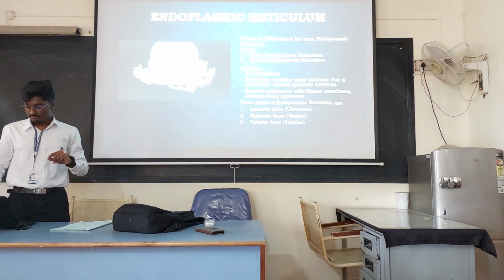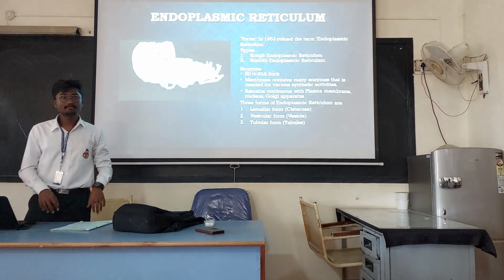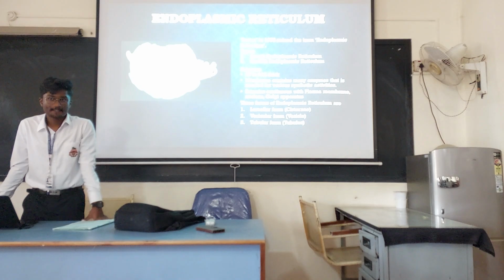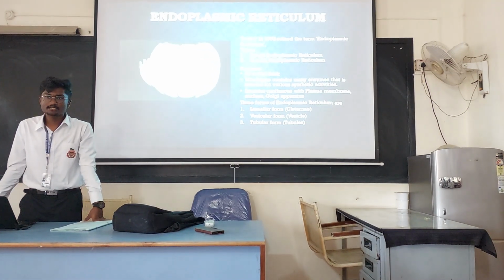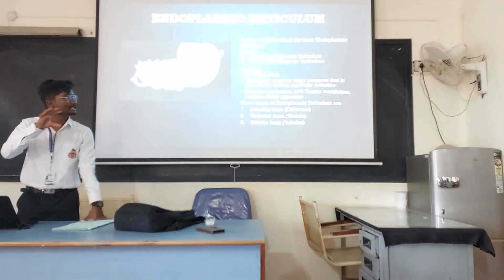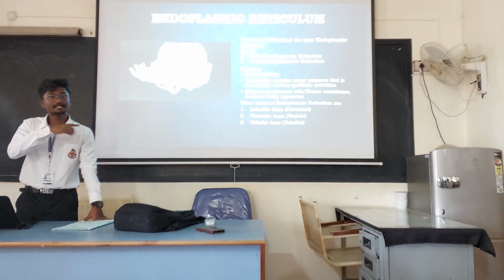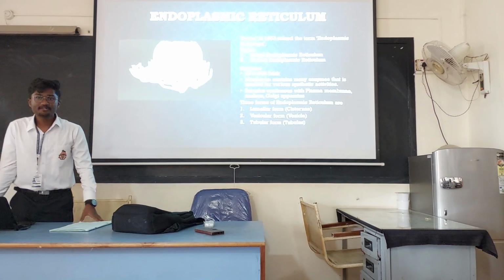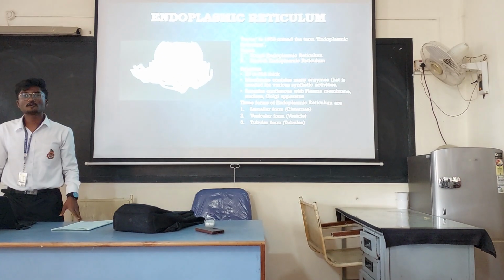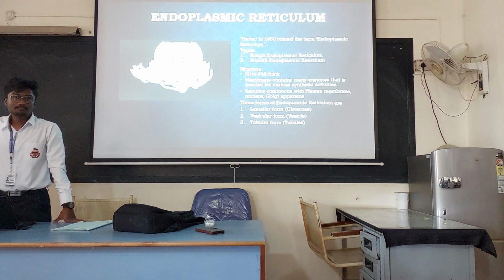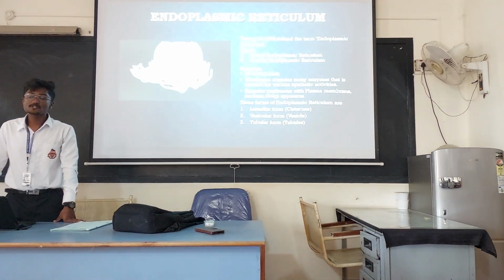Another important function of the endoplasmic reticulum is that it helps in biogenesis of membrane. The Golgi apparatus also has a membrane, as do the cell membrane and nuclear envelope, and the endoplasmic reticulum helps to synthesize all these. Especially the rough endoplasmic reticulum helps in the synthesis of the nuclear envelope. Then rough endoplasmic reticulum also helps in the synthesis of proteins.